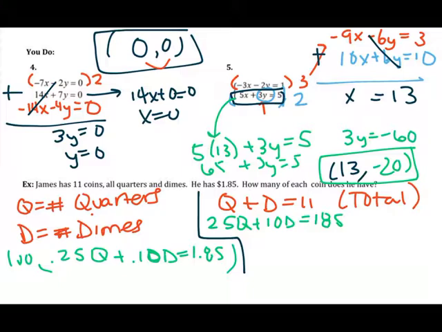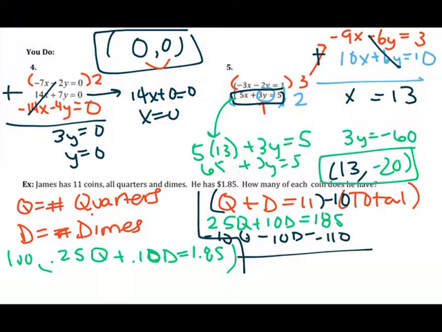So now this problem could be easily solved using substitution or elimination. You could subtract D on both sides and use substitution, or subtract Q on both sides of the red equation and use substitution. But I love elimination, and this whole section is about elimination. So I'm going to multiply everything in the top equation by negative 10. So negative 10Q minus 10D equals negative 110.